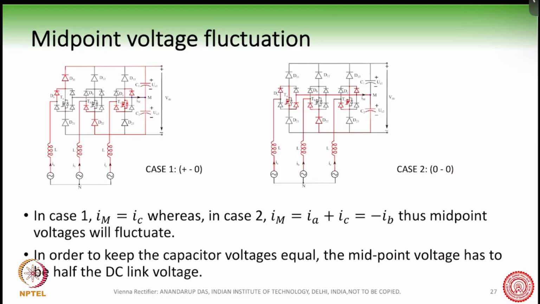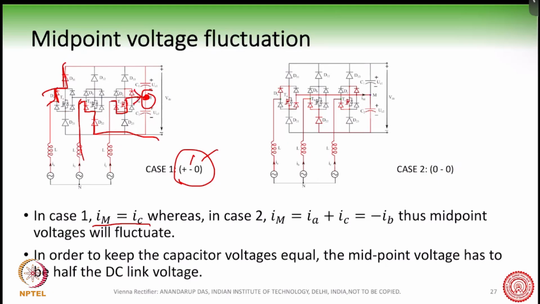So I have shown it here with two cases. Suppose you have this plus minus zero combination, which means A phase is connected to plus, B phase is connected to minus, and C phase is connected to zero, the midpoint. So then what is the midpoint current IM?